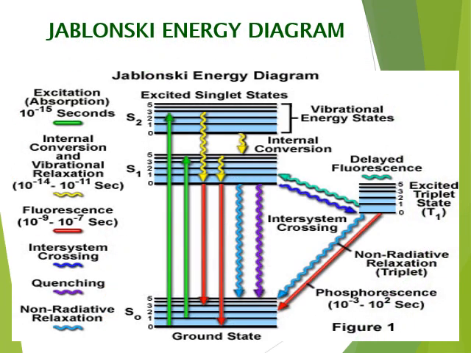Here is a Jablonski diagram, an energy diagram, showing the ground state S0 and energy levels 1, 2, 3, 4, 5, where the molecule gets excited. From here, it undergoes vibrational relaxation in energy level 2.